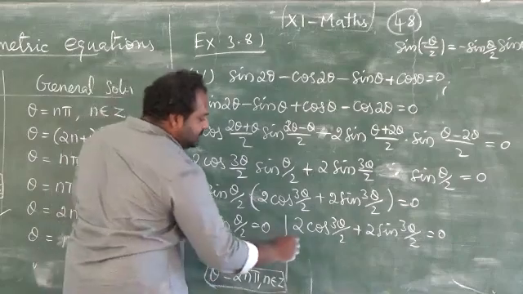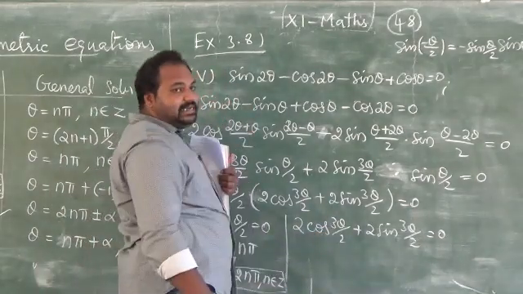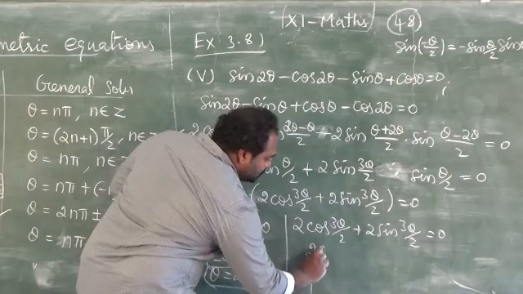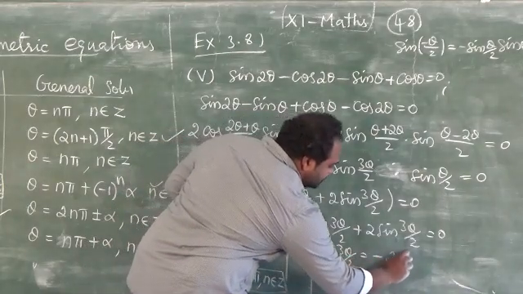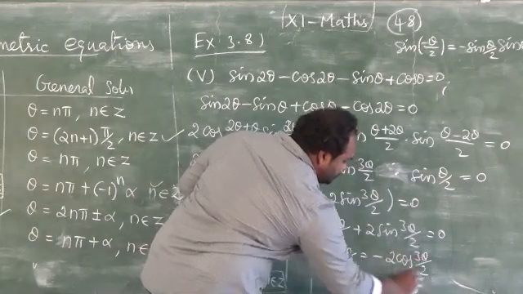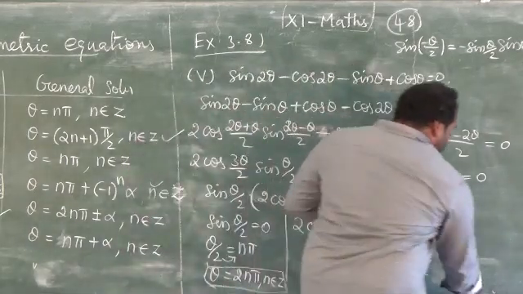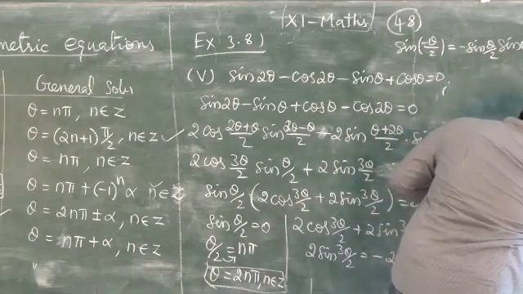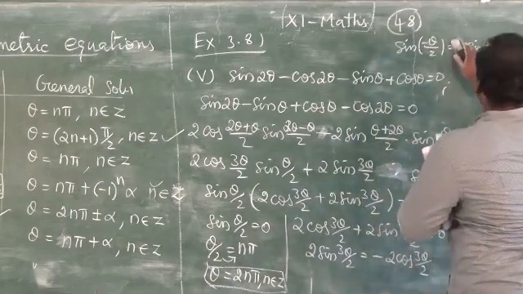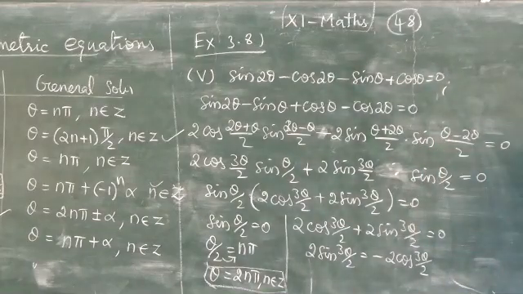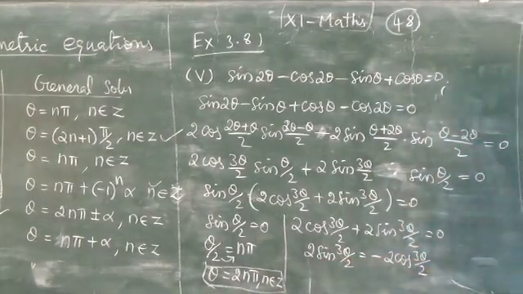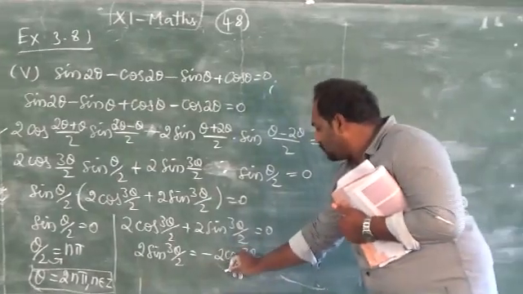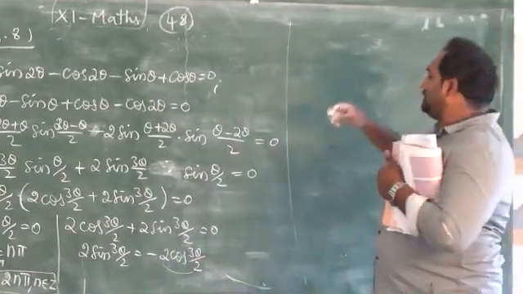Another one, here I am going to carry this 2 cos 3 theta by 2 to the other side. 2 sin 3 theta by 2 equal to minus 2 cos 3 theta by 2. Here you have to be very careful. Next step, very important. In this factor, 2 sin 3 theta by 2 equal to minus 2 cos 3 theta by 2. Carry 2 cos 3 theta by 2 to the other side once again.